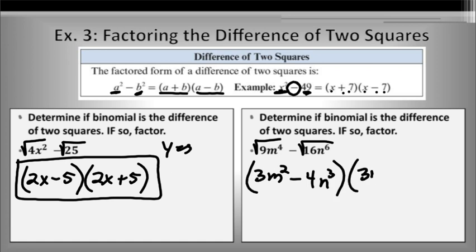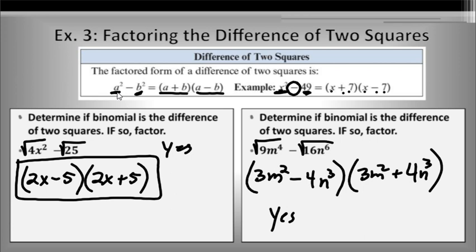Then I know 3m squared minus 4n to the third times 3m squared plus 4n to the third. Because I know a negative 4 times a positive 4 gives me a negative 16. N cubed times n cubed gives me n to the sixth. So yes, this is a difference of two squares.